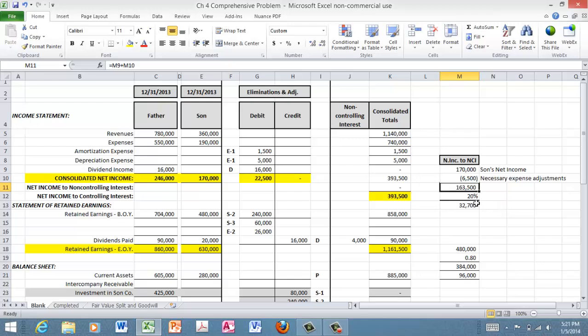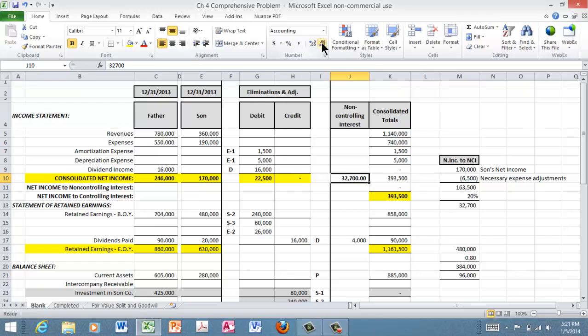Now, the non-controlling interest group is entitled to 20% of that. So if I take, you can see my formula here, 20% times the 163,500, I get $32,700. So what I want to do then is take 32,700 and allocate that.